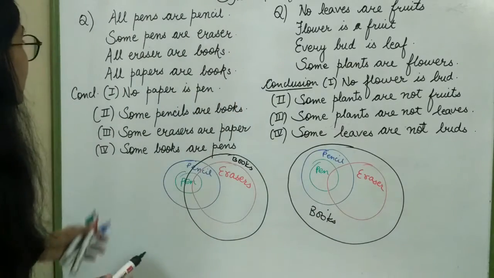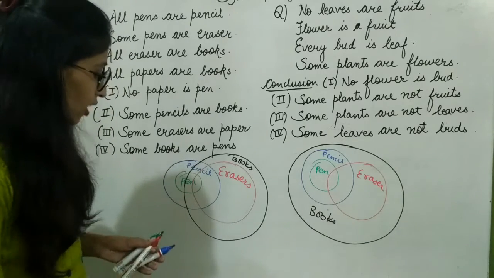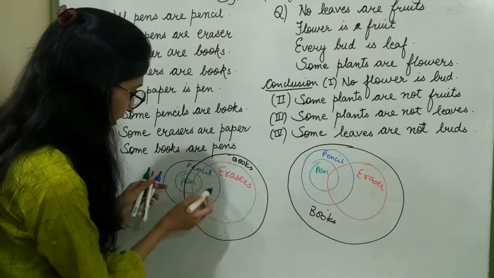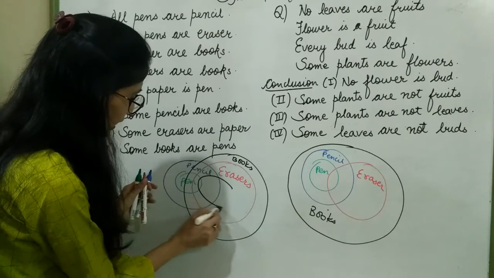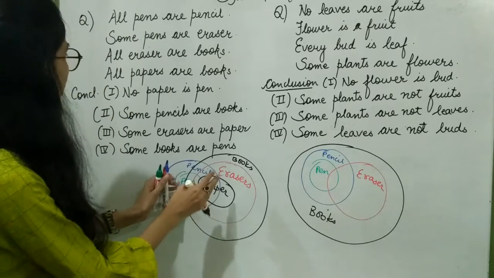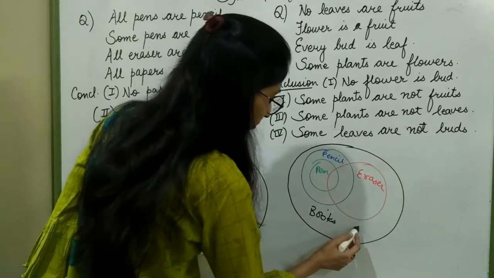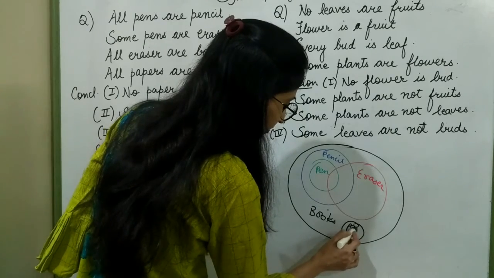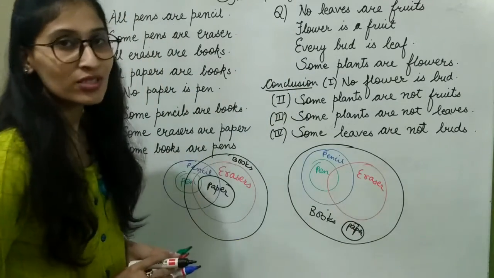Next statement is all papers are books. Now papers can lie inside this diagram. If I draw papers like this, then also all papers are books. If I draw papers here, then also all papers are books.